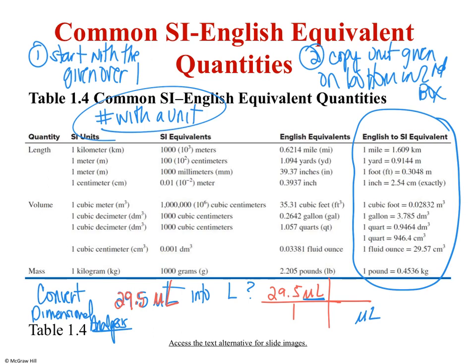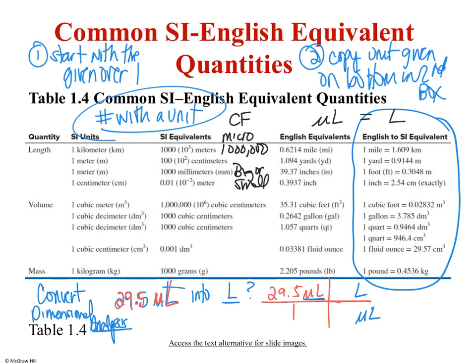And then you want to go from microliter to liter. Now, the question you have to have, do you have a conversion factor that can say how many microliters equal a liter? Or how many liters equal a microliter? This is where you had to memorize it. So what's micro mean? Micro is 6 zeros. And is micro big or small?